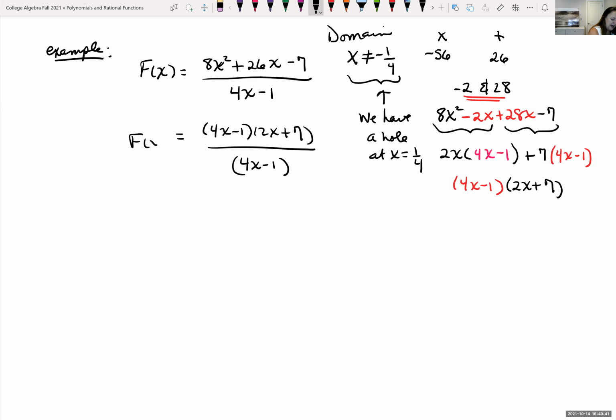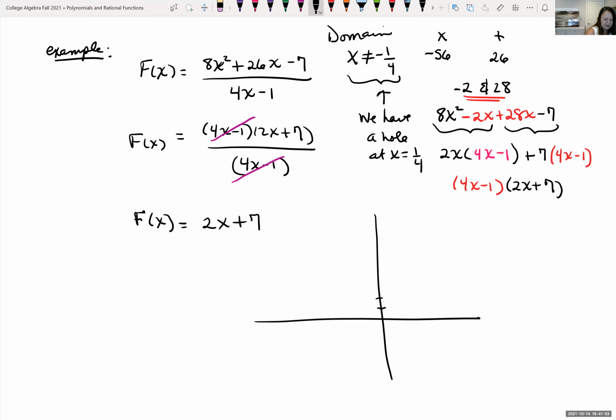So notice that we could actually simplify this. The 4x minus 1s go away, and all you're left with is 2x plus 7. Well, 2x plus 7, that's just a line. We can graph that.